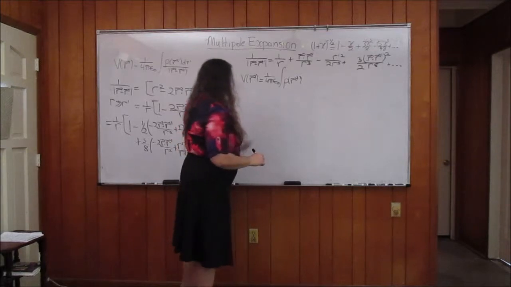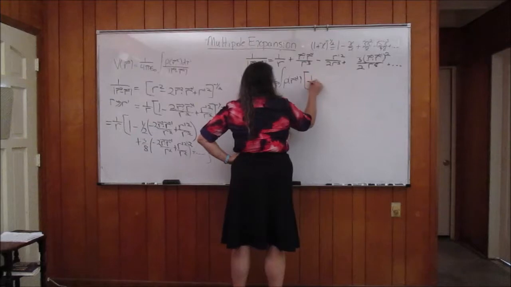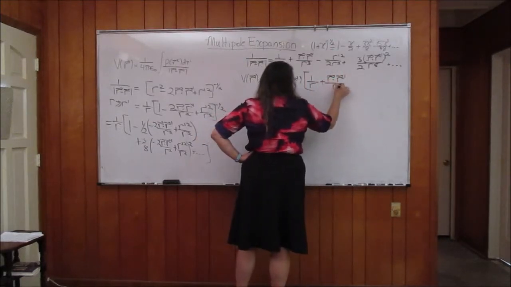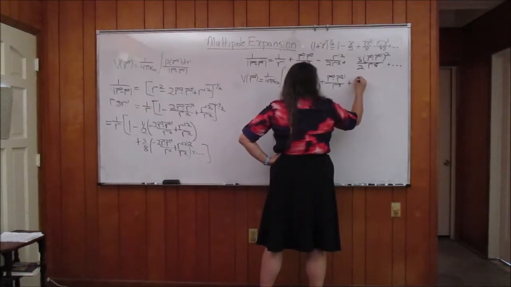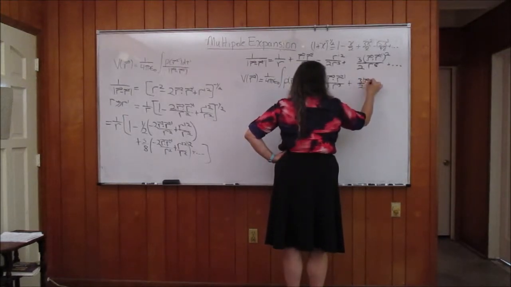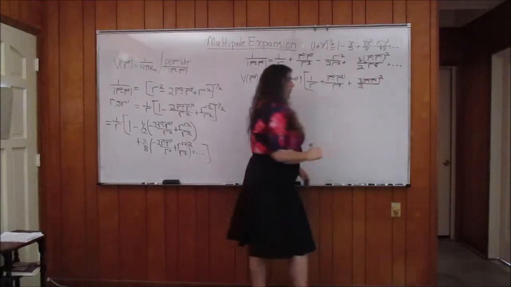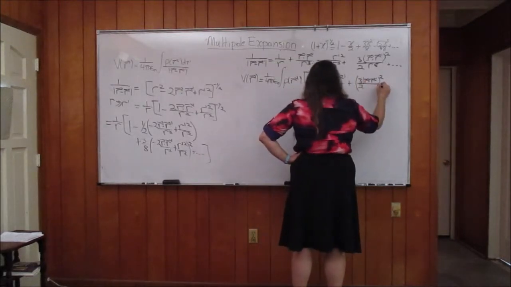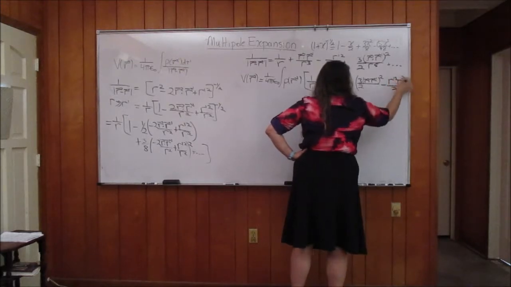I'm going to insert this expansion back into the expression for the electrostatic potential. We have 1 over 4 pi epsilon naught out front, volume integral, volume charge density, 1 over r plus r dot r prime over r cubed plus 3/2 dot product of r and r prime squared minus r prime squared r squared over 2.